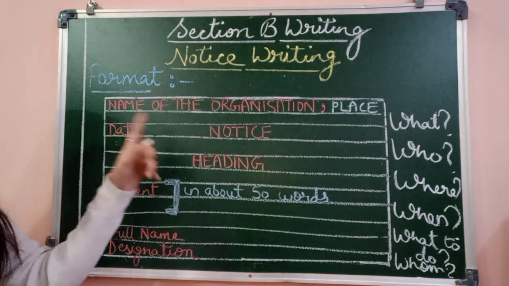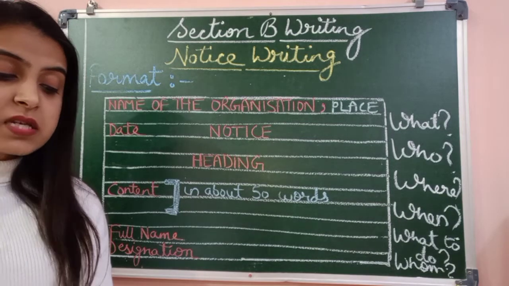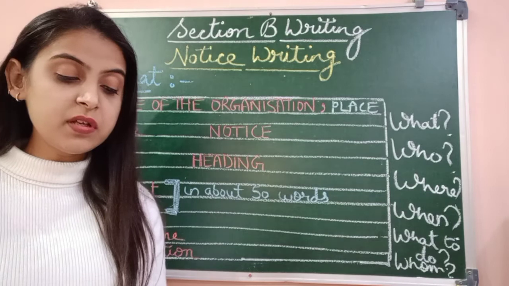I hope the format is very clear to you, children. Just note it down in your registers. Then in your workbook on page number 76, there are some points to remember. It is given that the notice must be written in a square box.